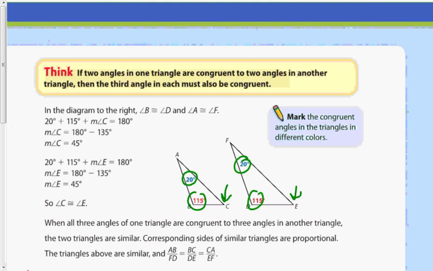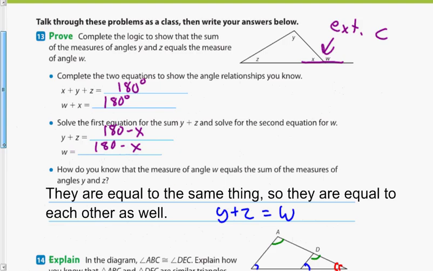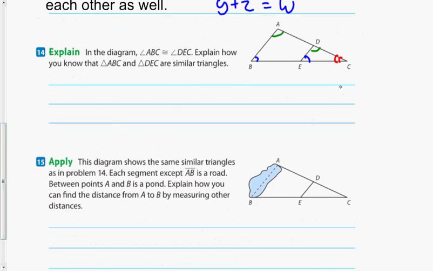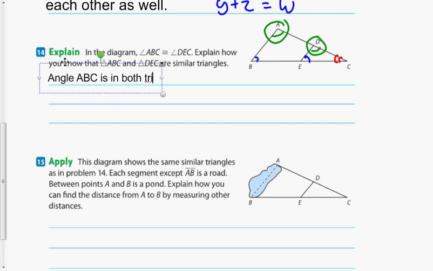So what we had in this example was that if two of the angles are congruent to two angles in this other triangle, then these third angles would be congruent as well. So if I'm going to put this into an explanation, I'm going to say angle ABC is in both triangles.